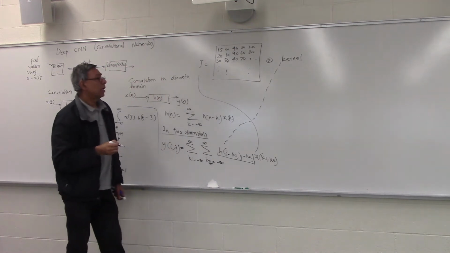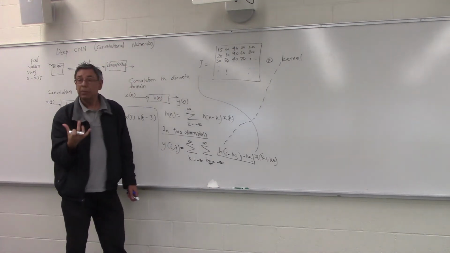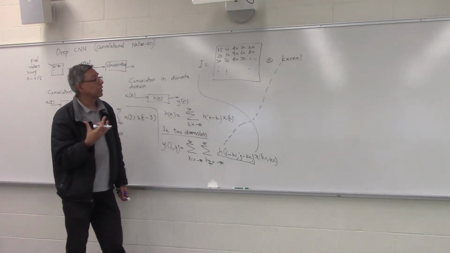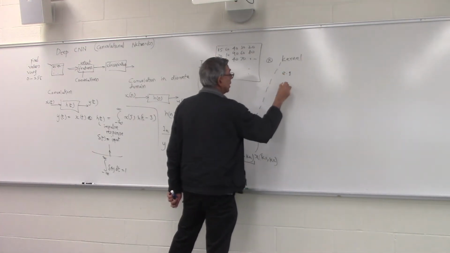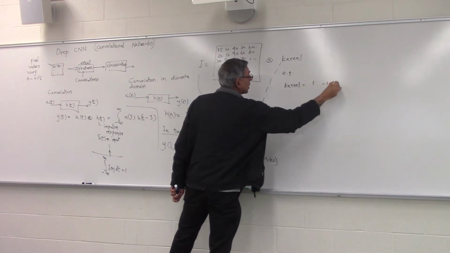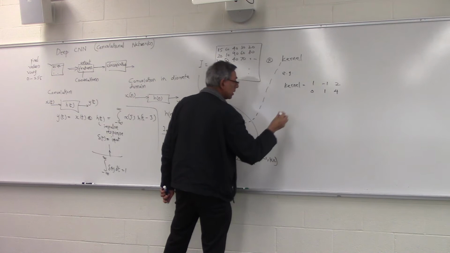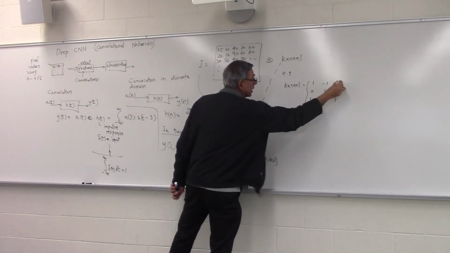The kernel could be a 3 by 3, 5 by 5, 7 by 7. Typically, the kernel size is odd. So, for example, a kernel could be 1, minus 1, 2, 0, 1, 4, 1, 2, 1, something like this, right?